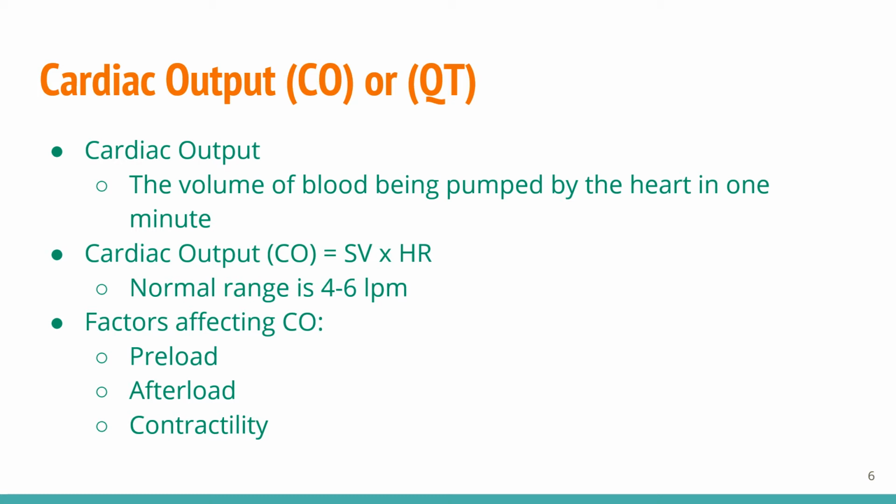Your afterload is the resistance that the ventricle has to pump against. When you have pulmonary hypertension, you have certain situations that constrict your vessels, so you'll have increased afterload. You have increased pressure, so that ventricle has to pump harder.